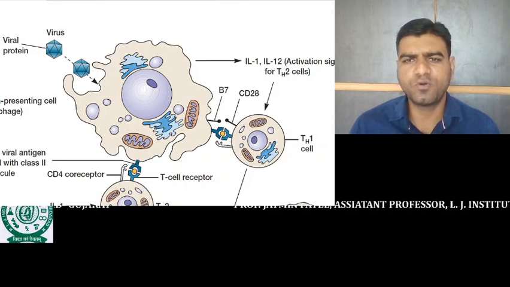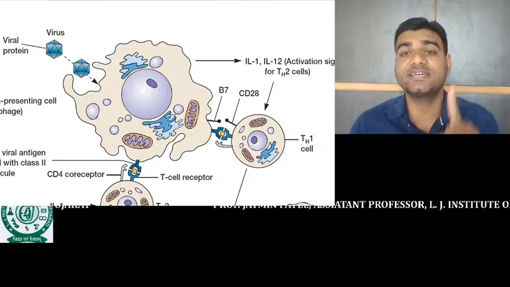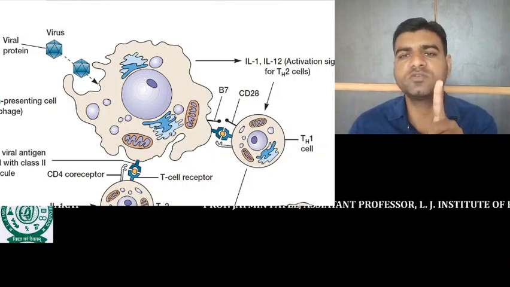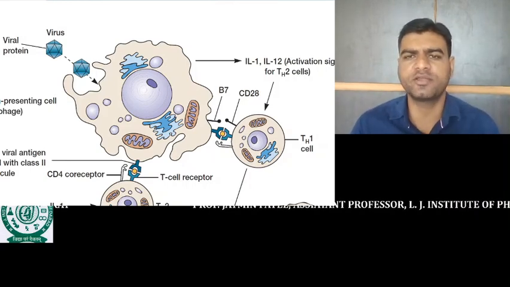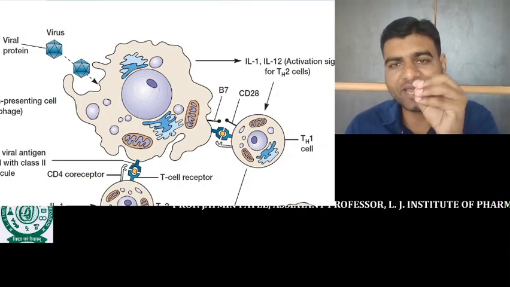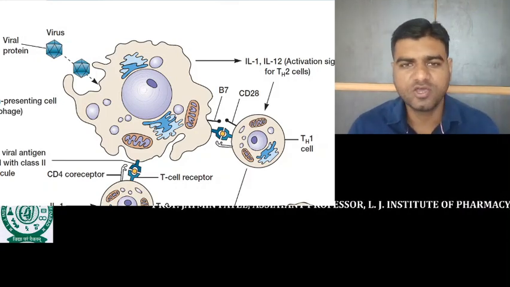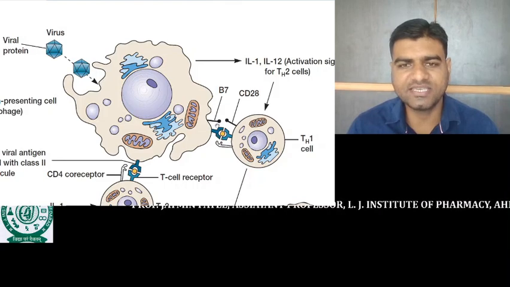Some fragments are formed, that is, peptides are formed, and those peptides are collected by MHC class 2. Here class 2 is involved. Later on, class 1 will be involved in cellular immunity. Class 2 will collect those peptides. You can see this one is nothing but the MHC class 2.